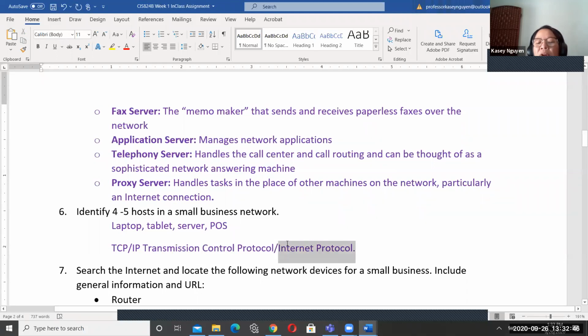The Internet Protocol just handles the addresses. It uses the address to get your website to you, your email to you, etc. But it makes sure that it gets there correctly, accurately, the right way. So Transmission Control Protocol.